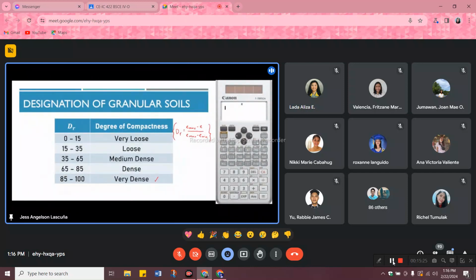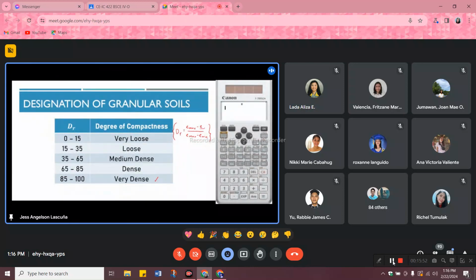If we say it is very dense, and you try to plot it, your Emax and Emin are very close to each other.